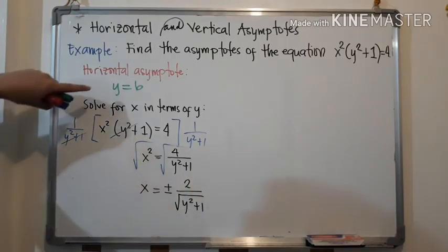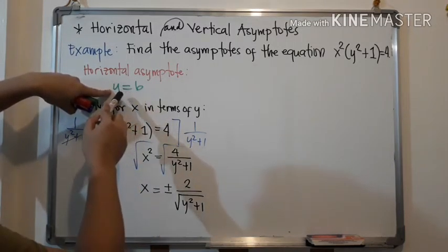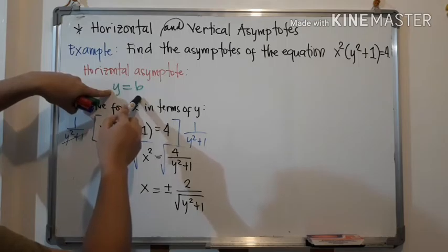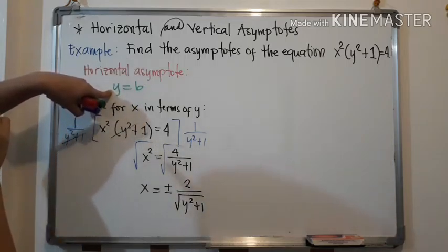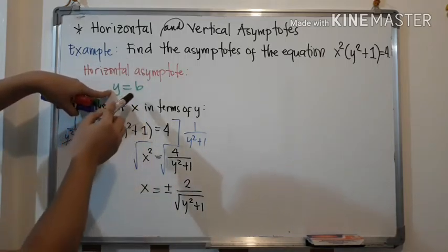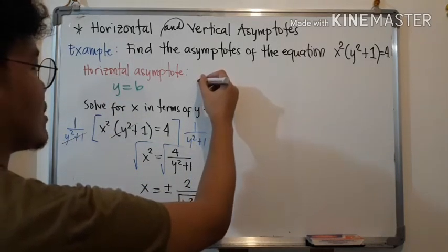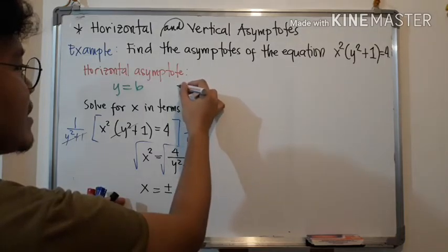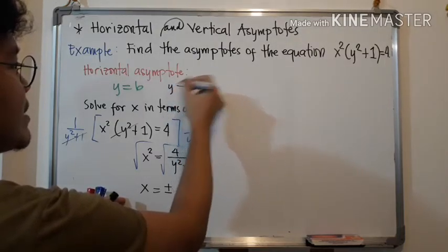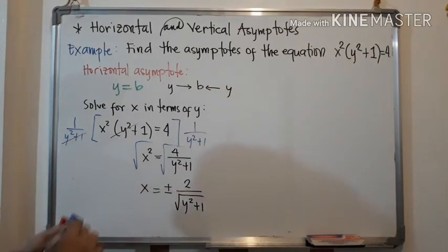So this is our equation for x in terms of y. Now, what value of b, as y approaches b from either side of b, meaning if we have this constant b, y approaches this b from the left and y approaches this b from the right.